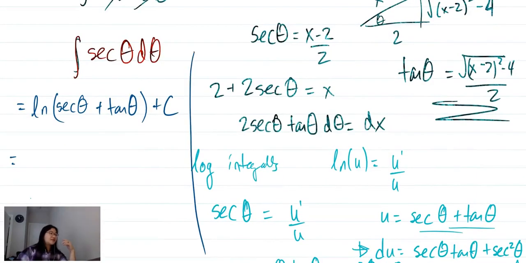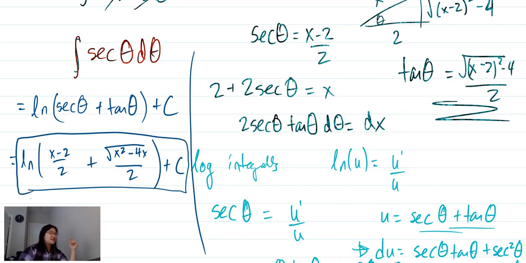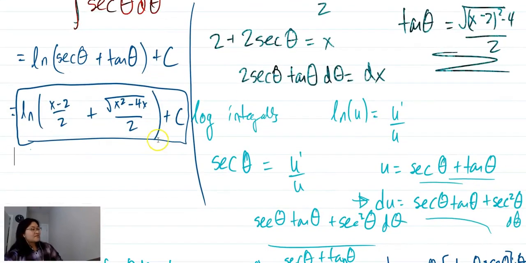So natural log of secant, which is x minus 2 over 2, plus tangent, which is root of x squared minus 4x over 2, plus c. Cool. So that is trig substitution, and always remember to translate it back into terms of what you are dealing with in the beginning. And yeah, that's about it.